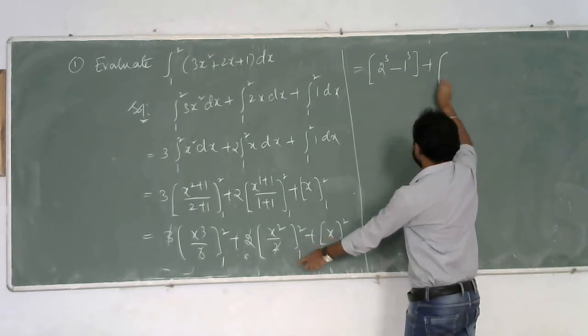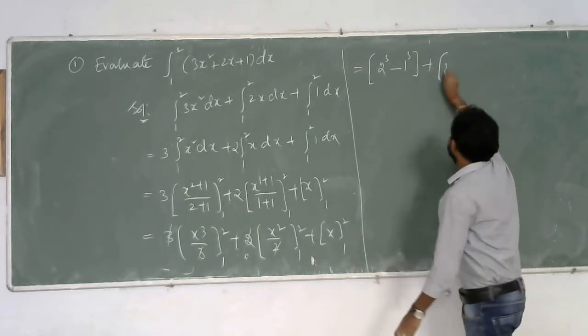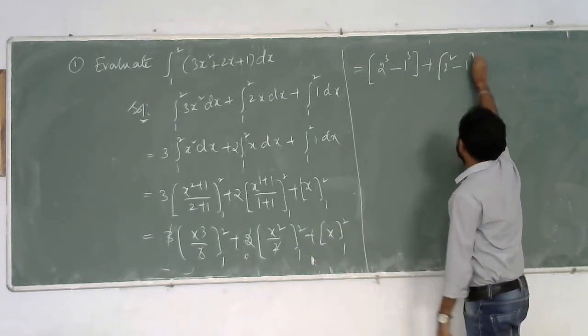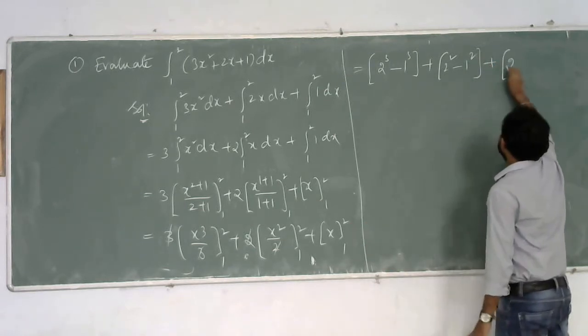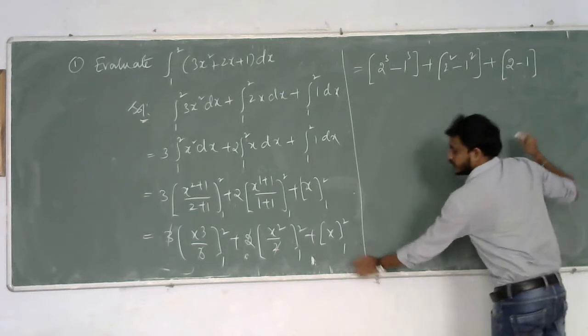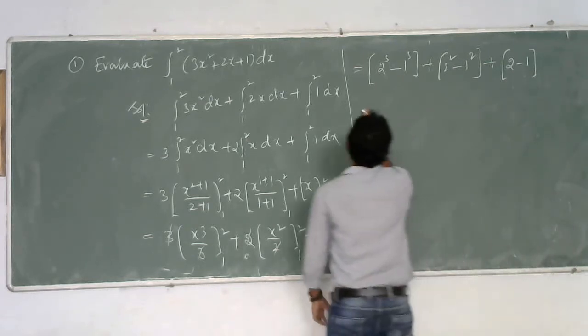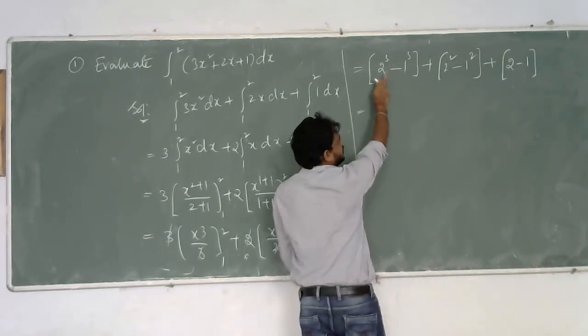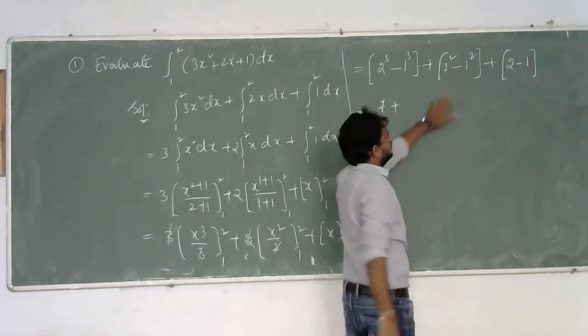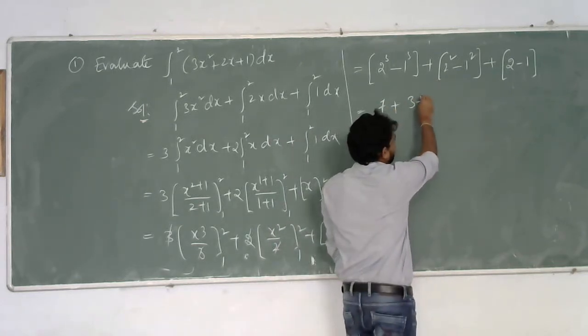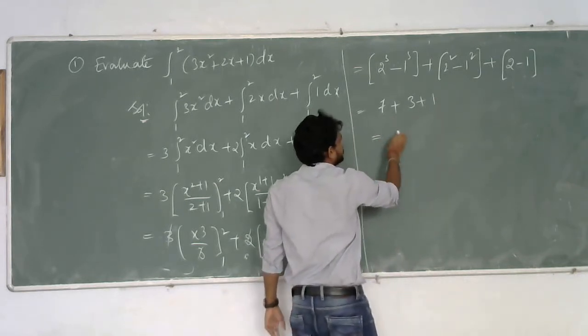Next, in the second term, upper limit is 2, so 2 square minus lower limit 1 square. And in the third term, upper limit 2 minus lower limit 1. Right? Here 2 cube is 8, 8 minus 1, 7. Here 4 minus 1, 3. And there 1. 11.